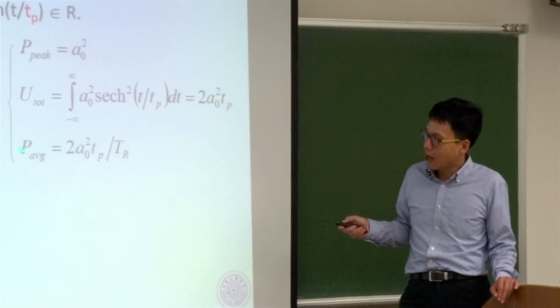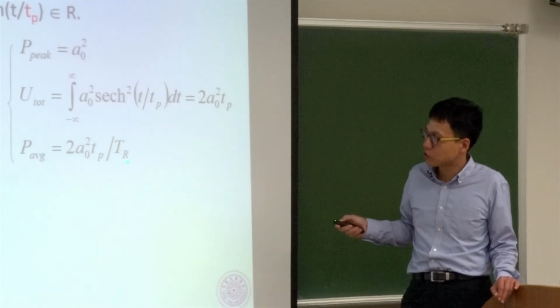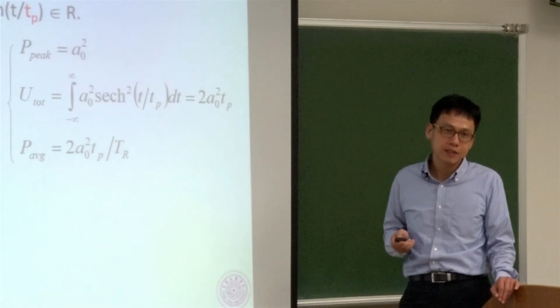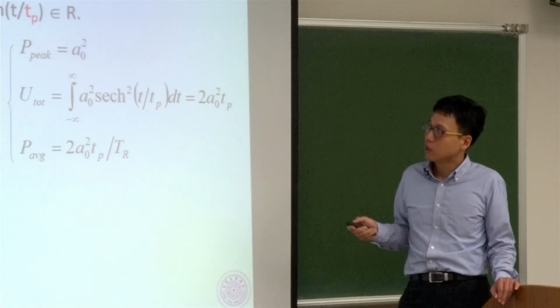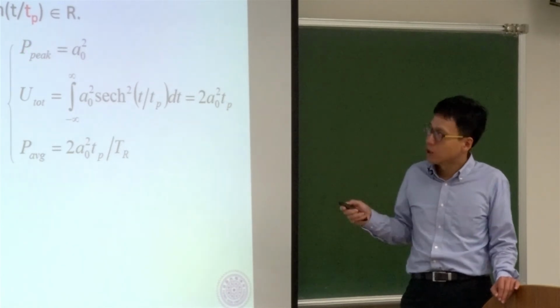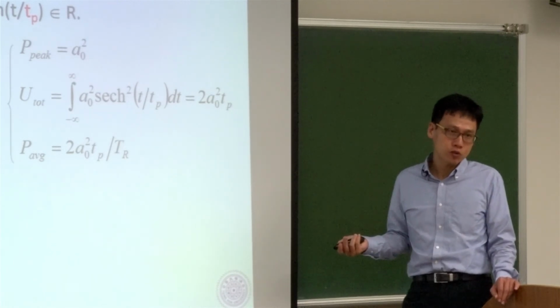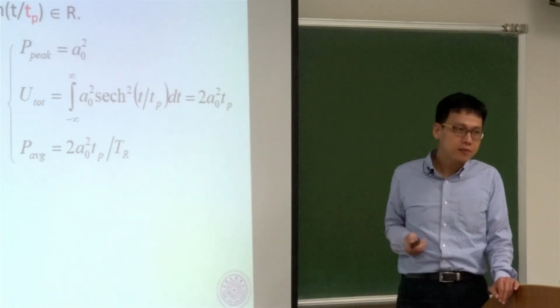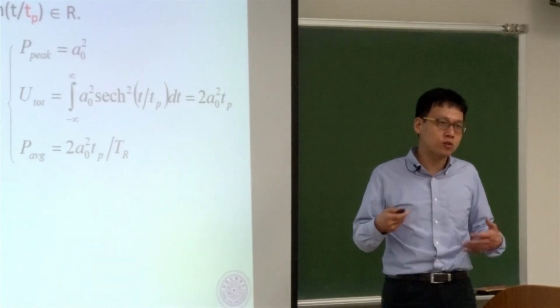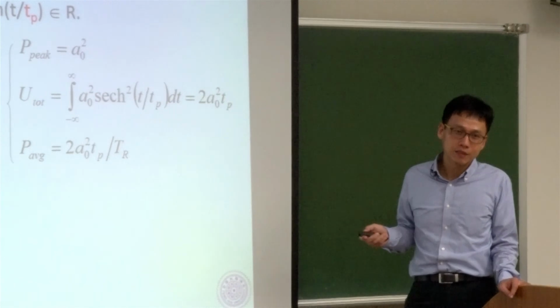Okay, and the average power is this number, total pulse energy over repetition period. Okay, so if you know A0 and Tp, you can quickly write down the corresponding parameters, peak power, pulse energy, average power of this pulse train by these formulas. Okay, without going through integration here.